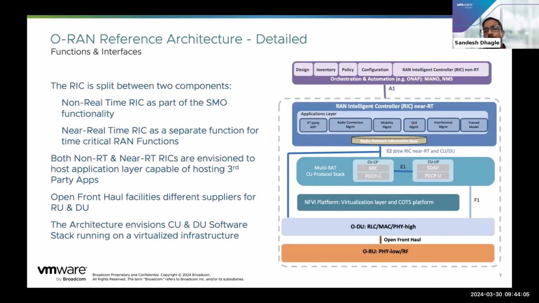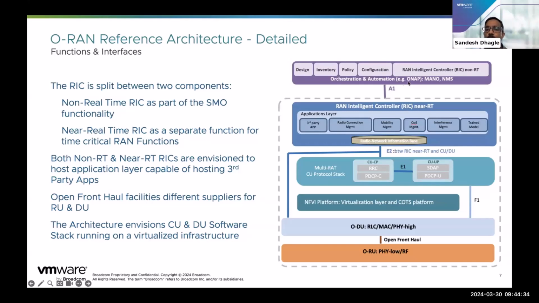Now, going back again to that reference architecture, just to highlight where all of this sits. The RAN Intelligent Controller in the SMO is the non-real-time component of the two. It takes care of the non-real-time or management plane type of functionalities, which need greater than 1 second of latency.